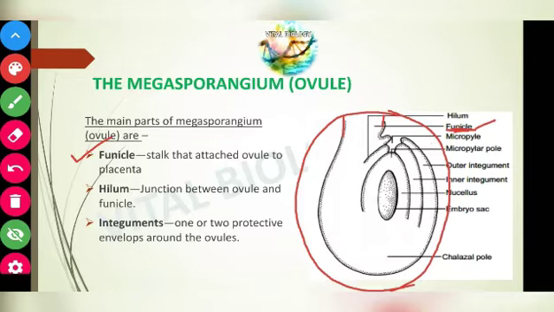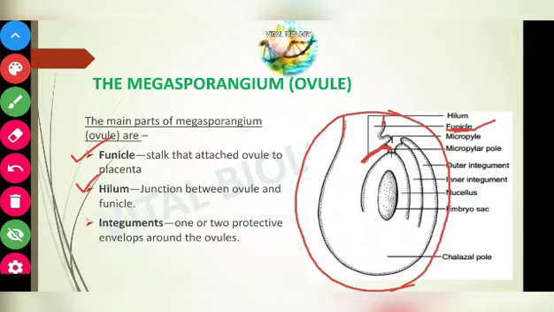This is one part. The next part is the hilum. The hilum is a junction present between the ovule and the funicle. You can observe here, this is the hilum, present in between the ovule and the funicle.